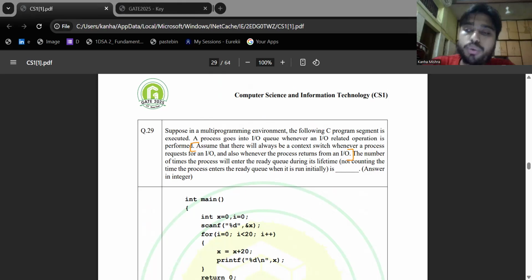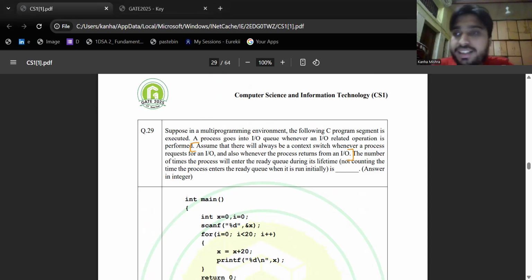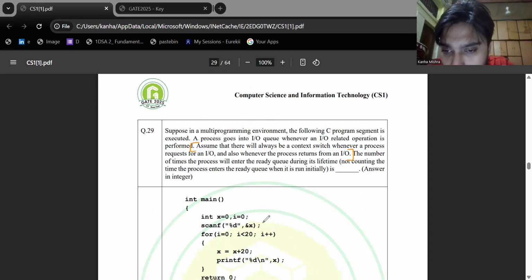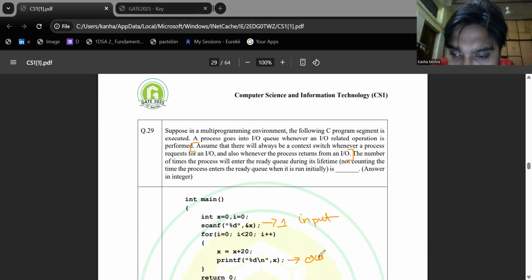Let's analyze the code. What kind of input outputs are there here? Let's try to analyze that. The very first is this one, and here we are actually doing the output. This is the input operation, and this is the output operation, which is for 20 times because the loop will run from i equal to 0 till i equal to 19.